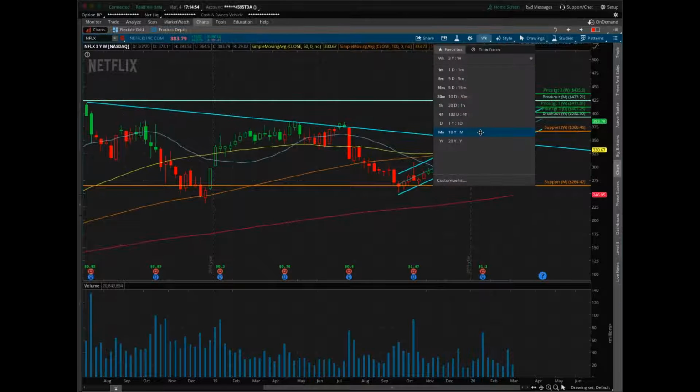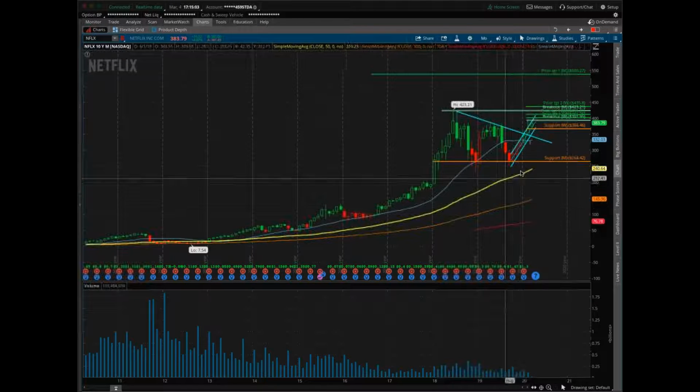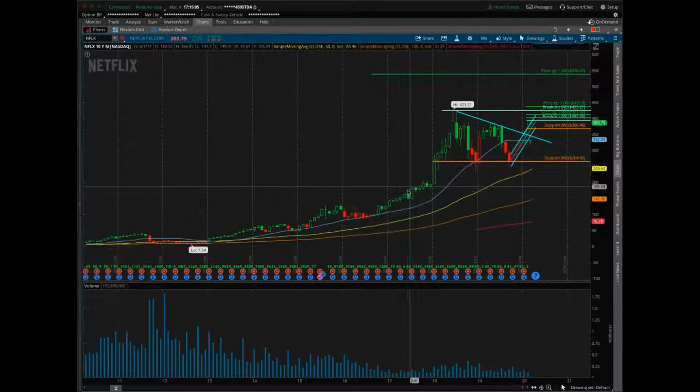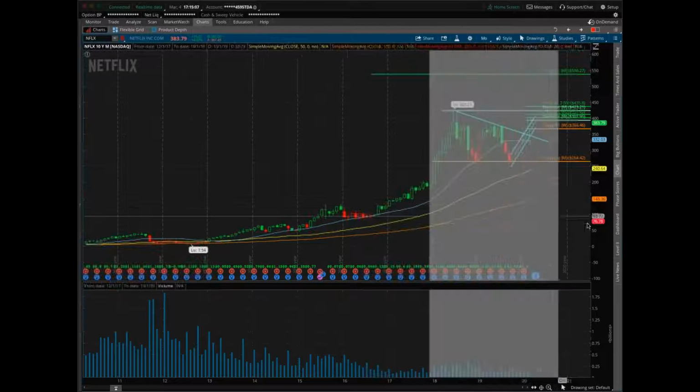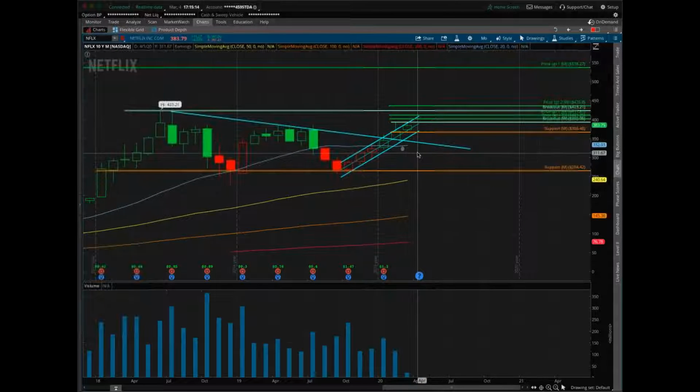Let's go to our monthly and see here. Monthly chart, very bullish because why? We have our 200-day, our 100-day, our 50, and our 20. So all that is looking good. This bounced on the 20. This one crossed the 20, but then it came back above, and now it's above the 20.